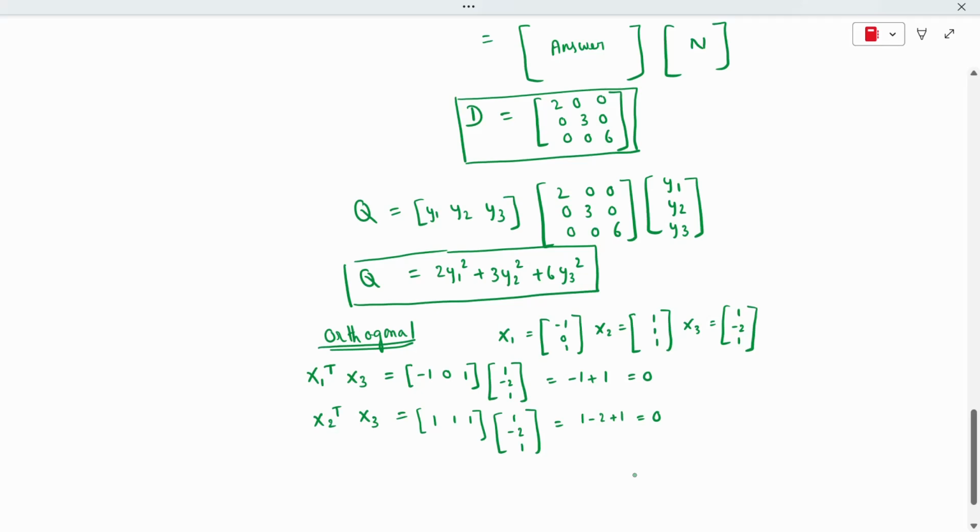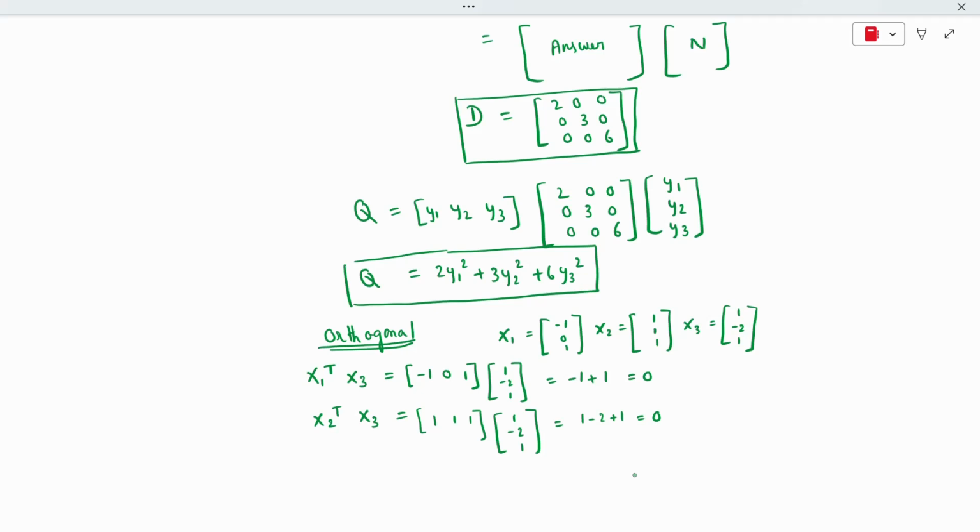So the orthogonal condition means that some vector transpose into another vector equals 0. You can cross check this after finding your eigenvectors. If you are not getting 0, your eigenvector is wrong. Cross check it, then only proceed on, and you will get the quadratic form correctly.